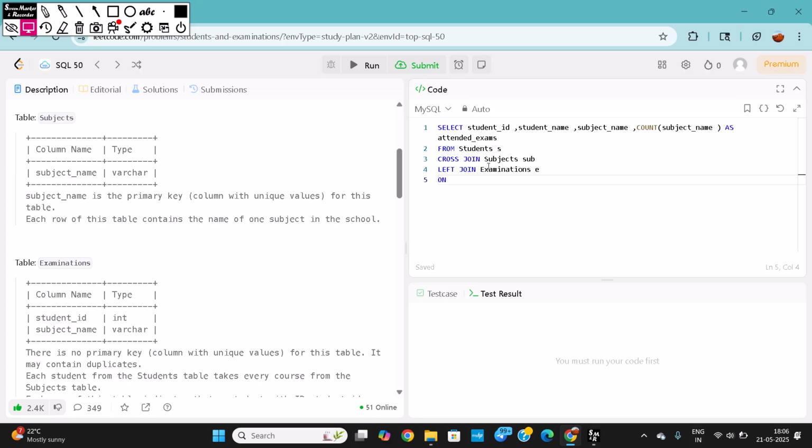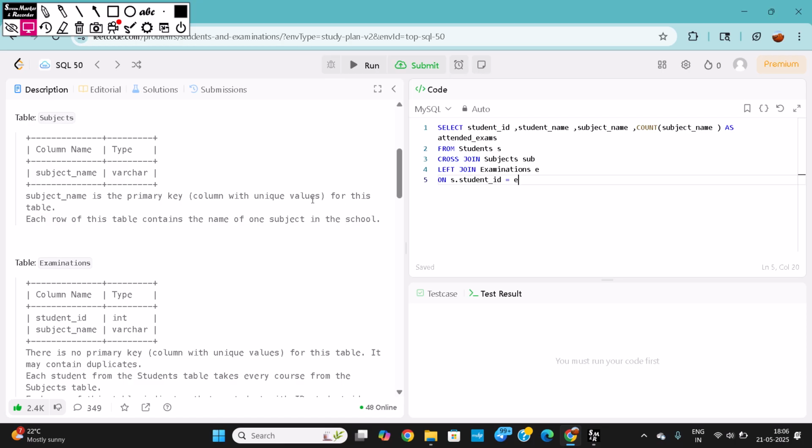So I'm going to say s dot student ID. Yes, student ID means the students table student ID should be equal to the examinations table student ID.